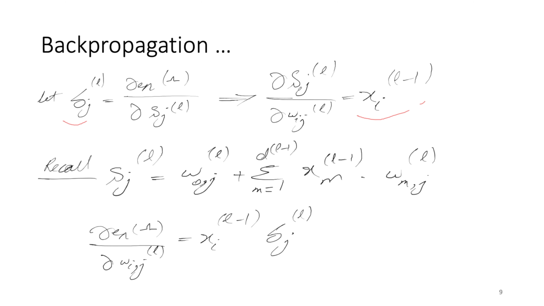So now using these two, we have dE_n of omega divided by dW_ij of L is x_i of L minus 1 multiplied by the delta_j of L, right?